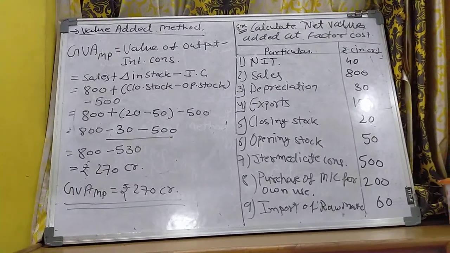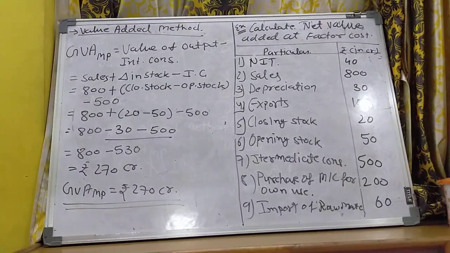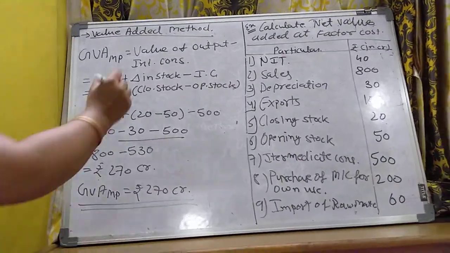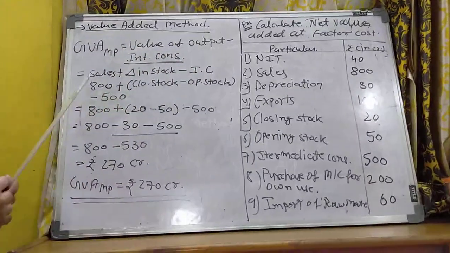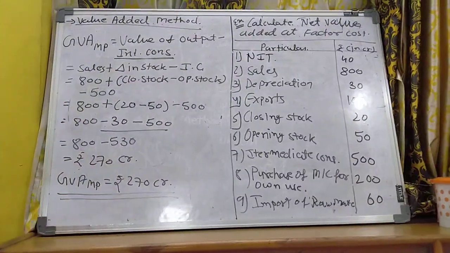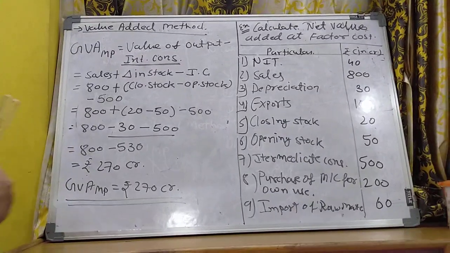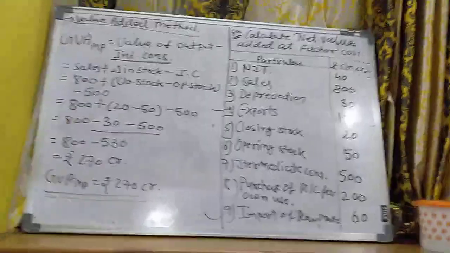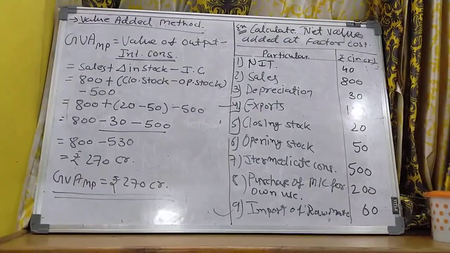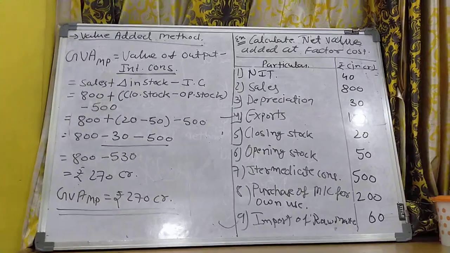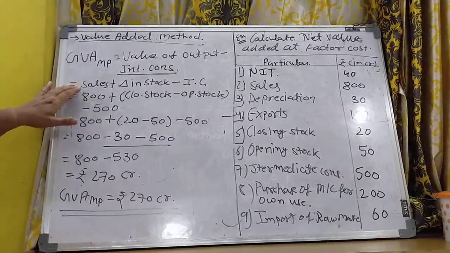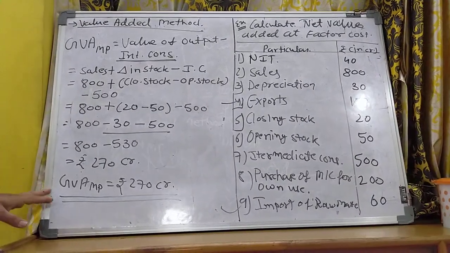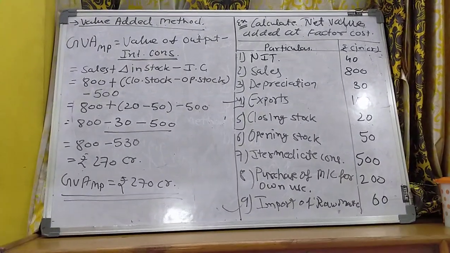Import of raw material is not included separately, as it is a part of the intermediate consumption. So exports and imports, these two things are given to you, but we have not calculated them separately. In this sum, exports are already included in the total sales, and import of raw material is also included in the intermediate consumption.